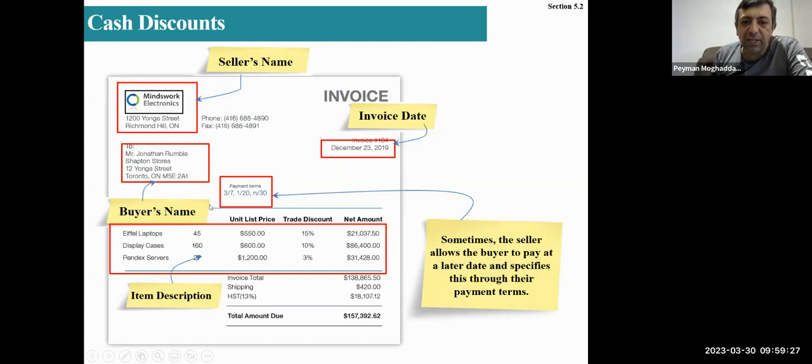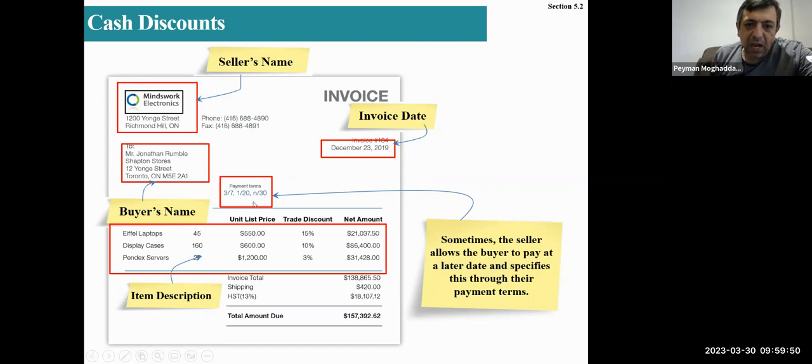So the payment terms. Okay, what this payment term says: after this invoice date, they say to the buyer, if you pay within 7 days of the invoice date, you will get 3% discount. Okay, 3/7.